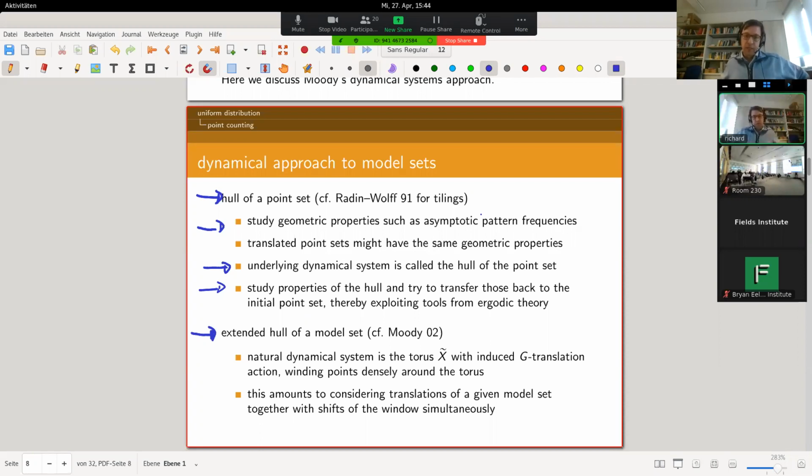And if you think about this, then for the point sets, this amounts to considering translations of the given point sets as before in the hull, but also shifts of the window simultaneously. So this is a bigger object, and Moody suggested it's interesting to look at this extended hull to derive something about the points that you are interested in.